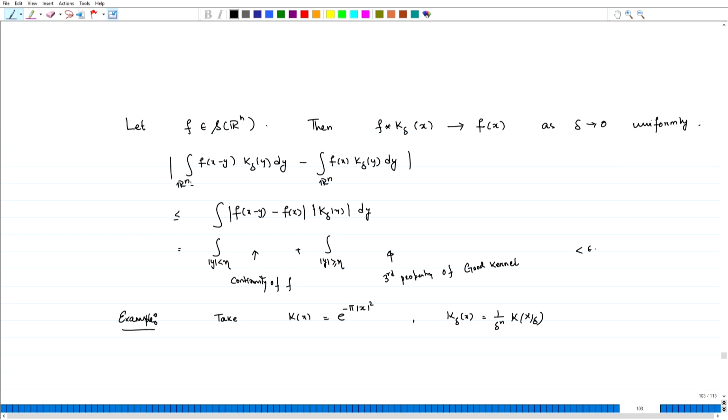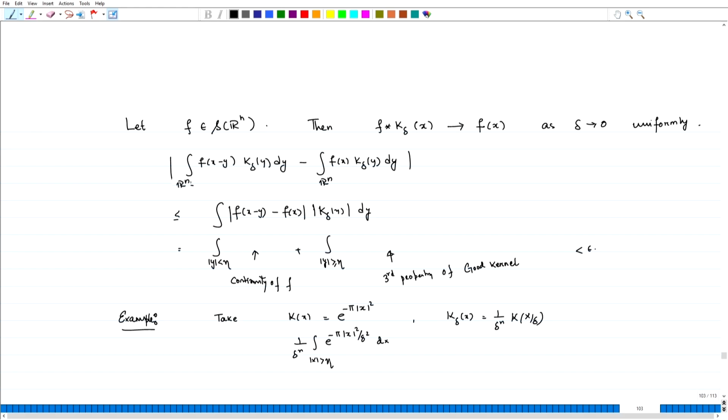And the third property is going to be true over here, because if we are taking e to the power minus pi |x| squared by delta squared, then this is 1 by delta to the power n, then this is dx, and |x| greater than eta.